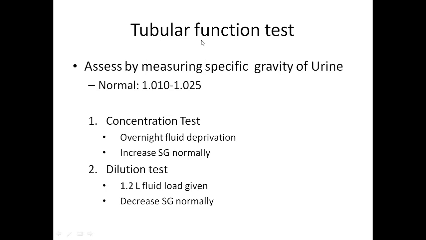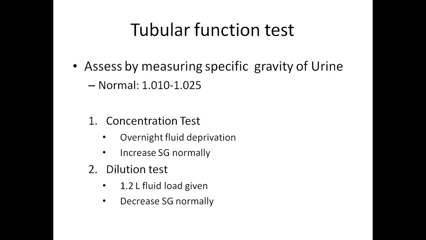And the third test is based on the assessment of tubular function. We know that glomerular filtrate is around 180 liter per day, but urine is only 1.5 liter per day. So the majority of the filtrate and solutes are reabsorbed by the renal tubular cells.